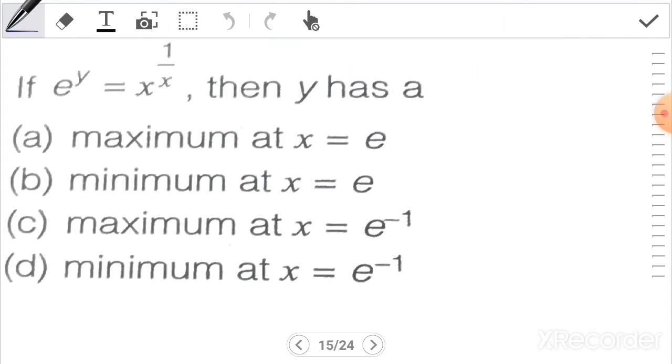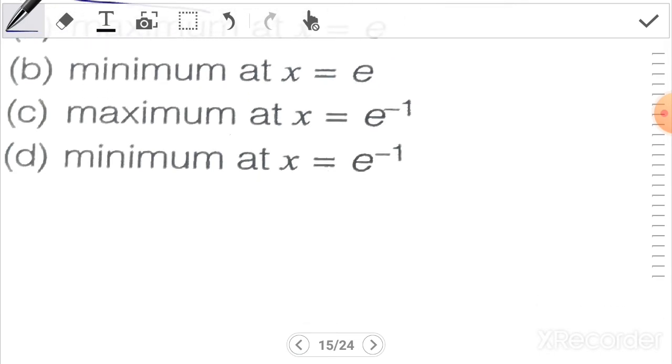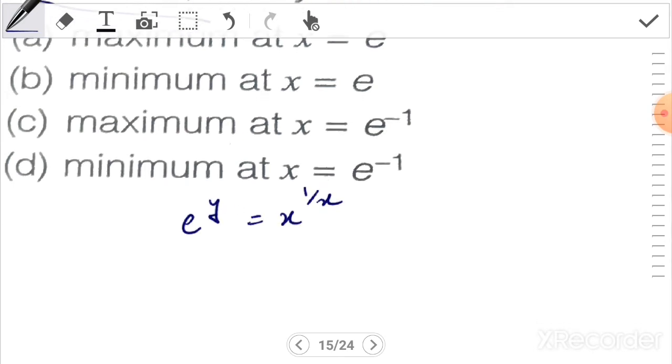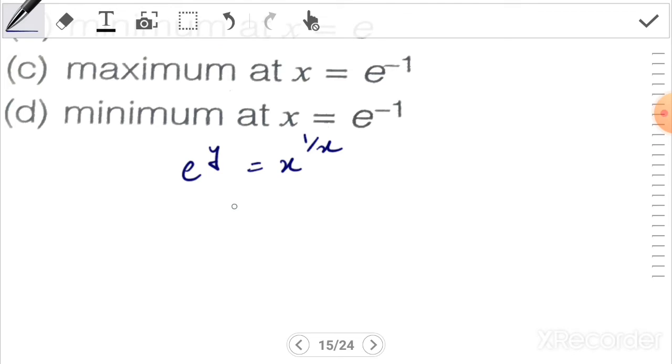If y e raised to the power y is equal to x raised to the power 1 by x, then y has a. Now taking log on both sides, e power y is equal to x power 1 by x, given. So if we take log on both sides, y is equal to 1 by x log x.